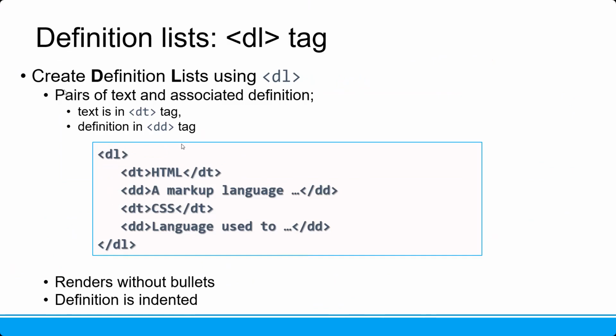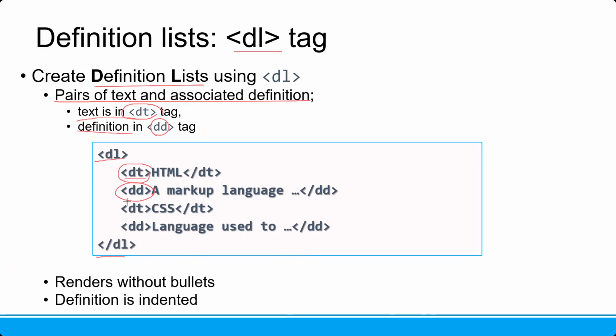The other kind of list is DL. DL is the definition list. In the DL, it is a pair of text and associated definition. The text is in the DT when we have DL. So we will have the text which is DT, and we can have the definition which is DD.